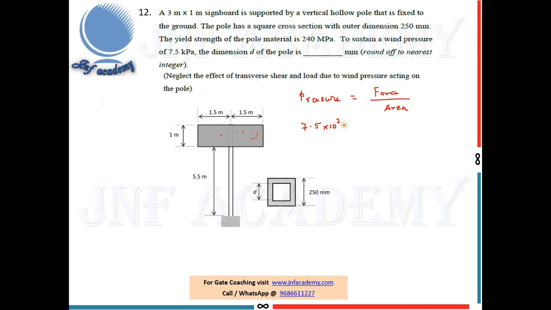Pascal, Newton per meter square, is equal to that force, which I don't know, over the area of the signboard, which is 3 meter into 1 meter. So now our F is 22500 Newton.